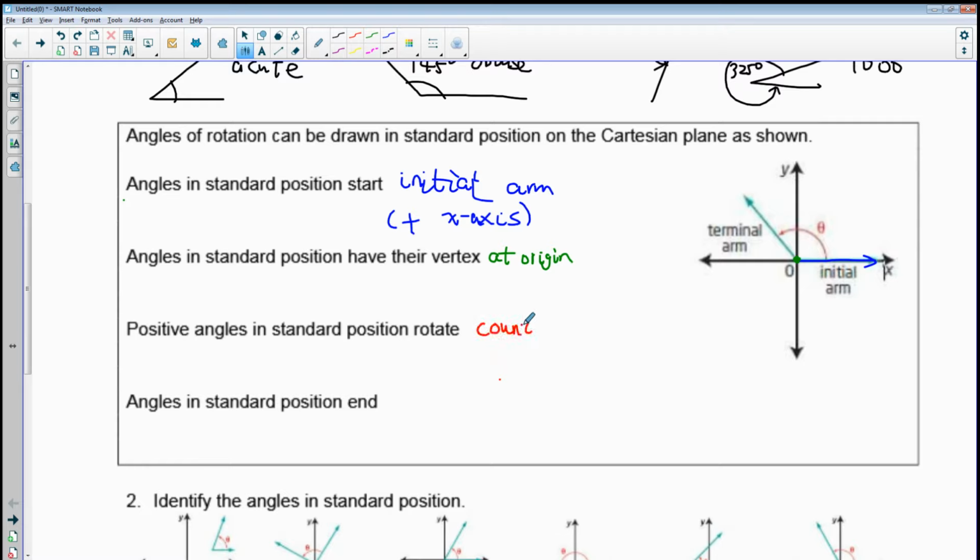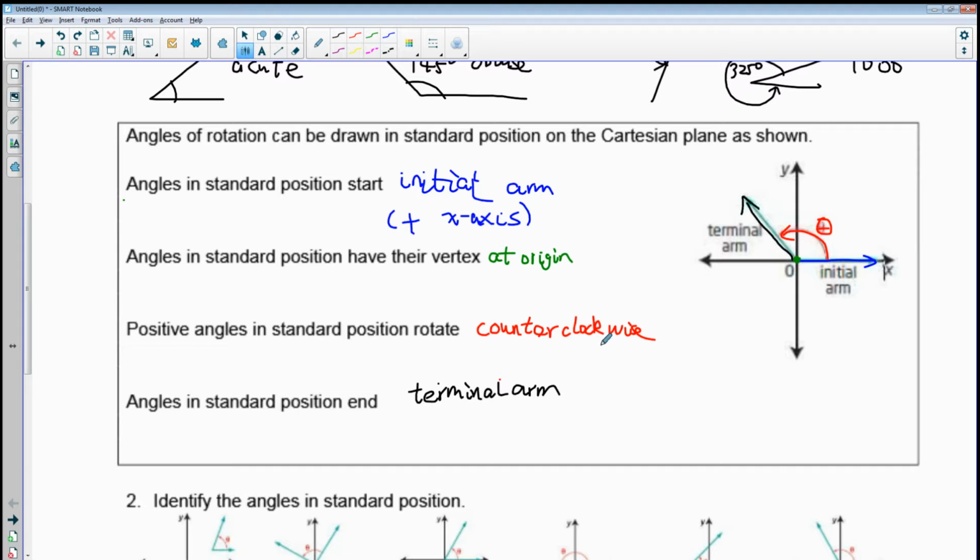I'll write the whole word out for the only time. Counterclockwise, so like that. That's the angle. And finally, the angle ends at the ending arm, the terminal arm. So it ends here.